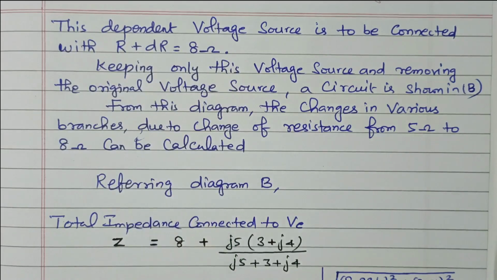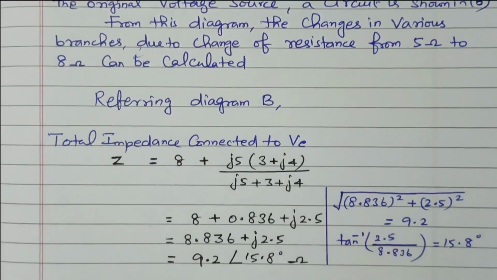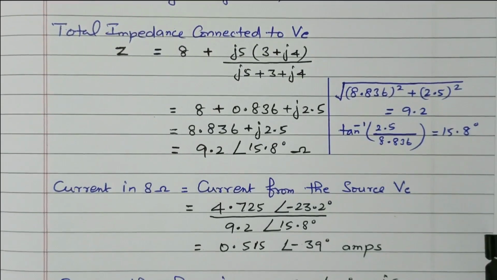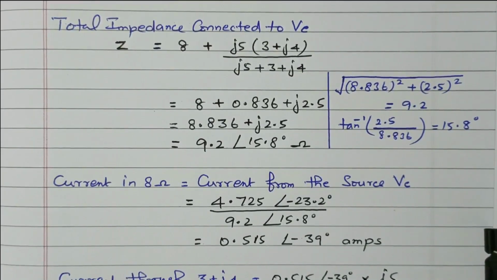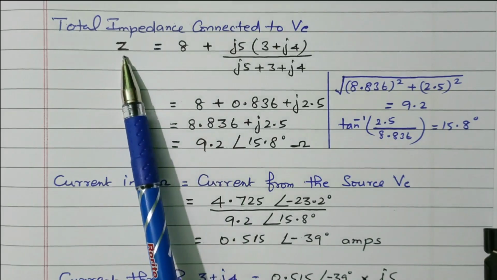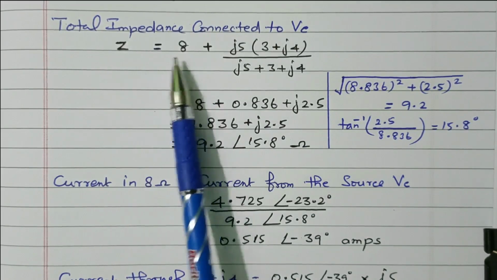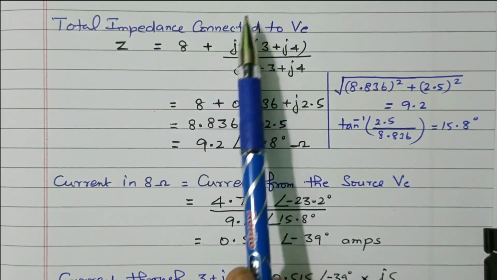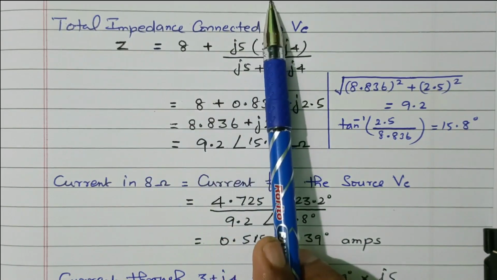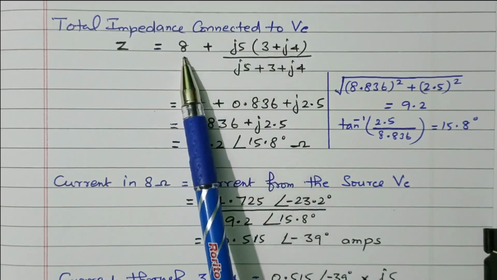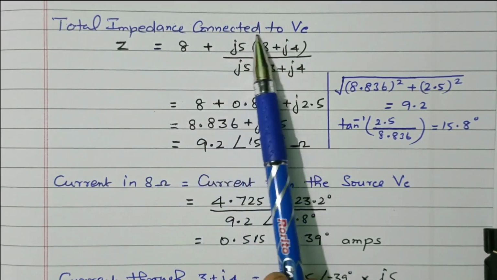Now referring to diagram B, again we need to calculate the total impedance, because we need to find the current through the 3 plus J4 ohm branch. So Z equal to, only the change here is 8 ohm. Initially in diagram A it is a 5 ohm resistor; in diagram B it is 8 ohm. This part remains the same.